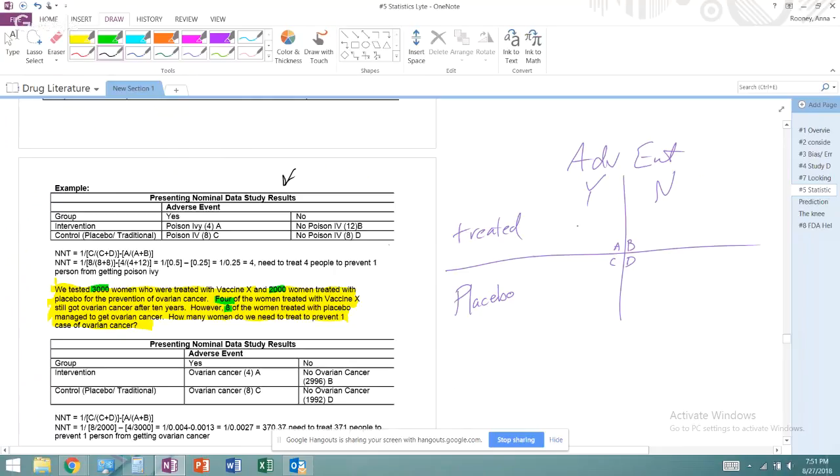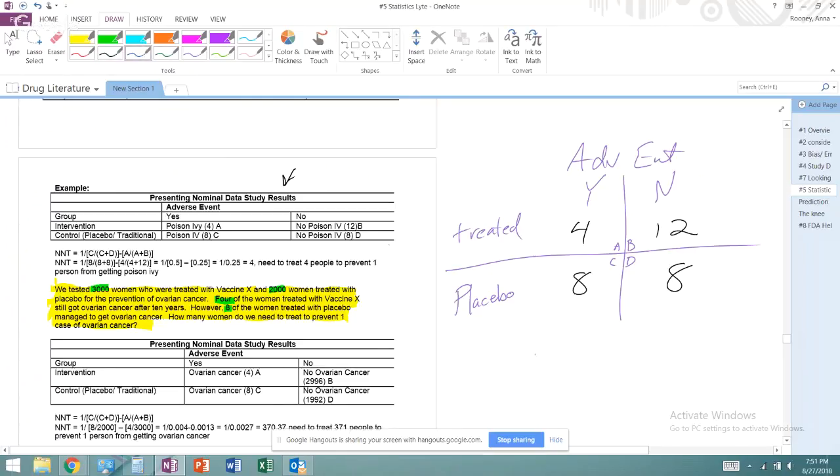So 4 people were given the treatment or the intervention, and they showed poison ivy. 12 did not. There was also 8 that were given the placebo and 8 that were not. Or 8 that did not show any poison ivy, but did not get the treatment.